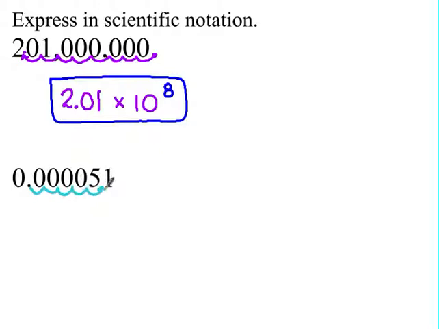In between the 5 and the 1. Very good. So my new number is 5.1 times 10. How many times did I move the decimal? 5. Now I need to determine if that's a positive 5 or a negative 5. Is the number bigger than 1 or less than 1? It's less than 1 because it was a 0.00. So this is actually a negative 5.